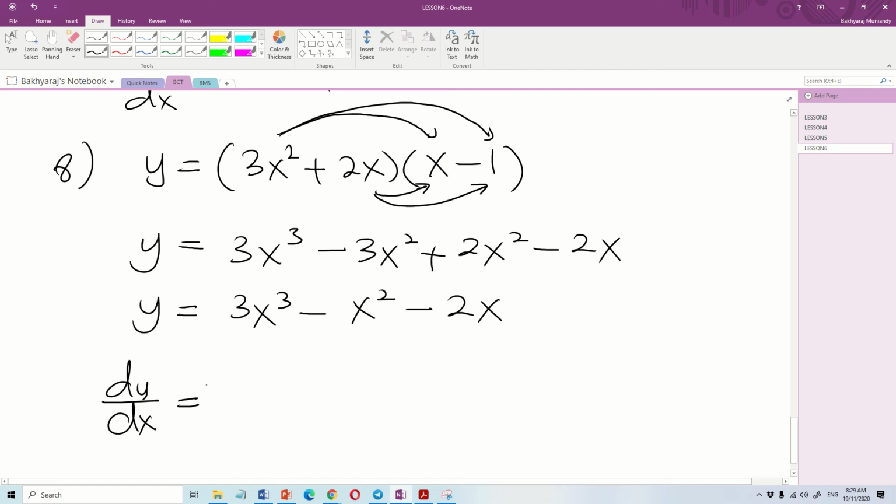dy dx becomes equal to, correct, 9x square minus 2x minus 2. Thank you, Nurul. Okay, betul. Okay, so kita dapat jawapan yang ini.